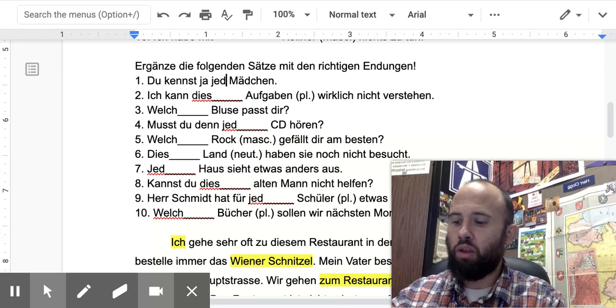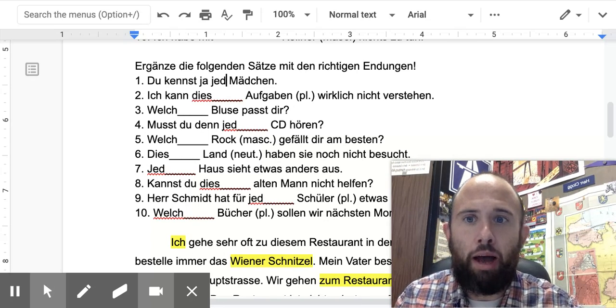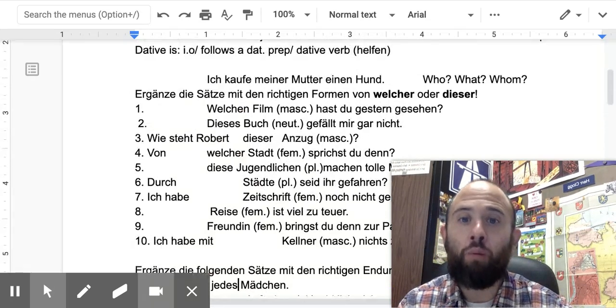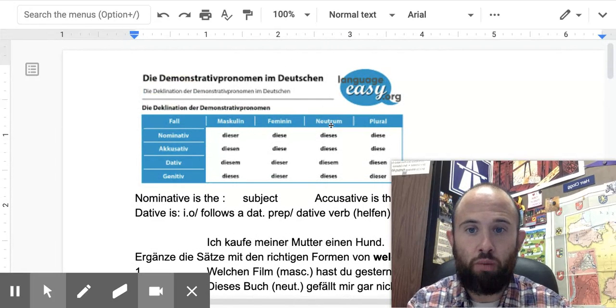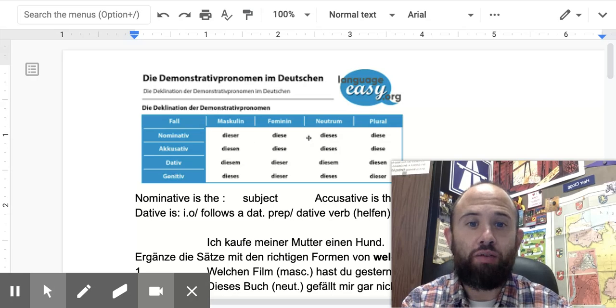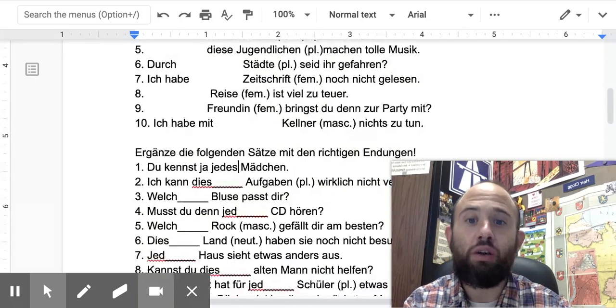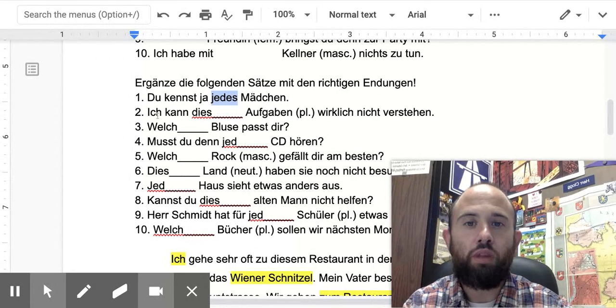So, sorry, I got to eat some lunch. It goes to jedes. How do we know? Up here, it's das Mädchen, so neuter. And it's not dative, so it's one of these two, nominative or accusative. It's accusative because du is the subject. That's our direct object. How about number two?